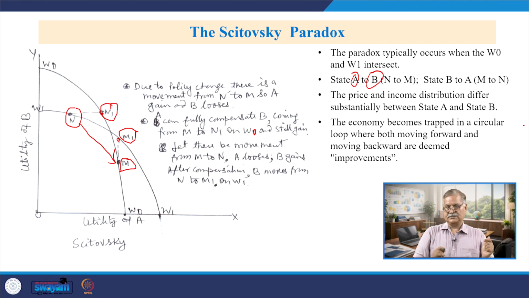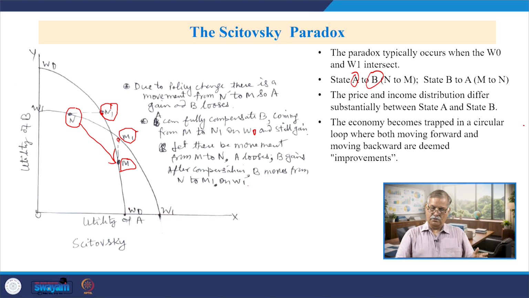And what happens when two positions change? Suppose before intervention is state A, after intervention state B. When movement is from A to B, many things change, and price and income distribution may change, and due to this, even moving from state A to state B does not mean that the utility will remain constant.